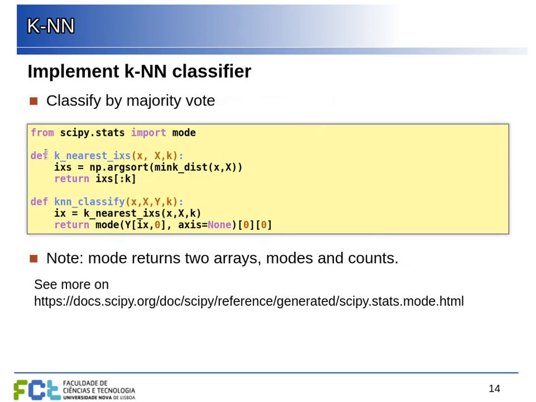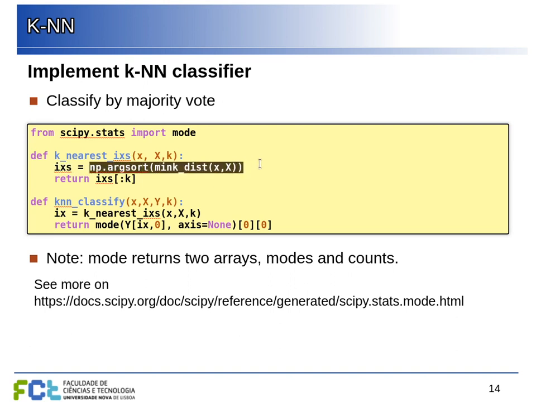Now we need to find the nearest neighbors. So given point x and the matrix of training points, uppercase X, we want to find the k nearest neighbors. So we get the vector with the distances, and then we obtain the indexes that would sort this vector in increasing order.